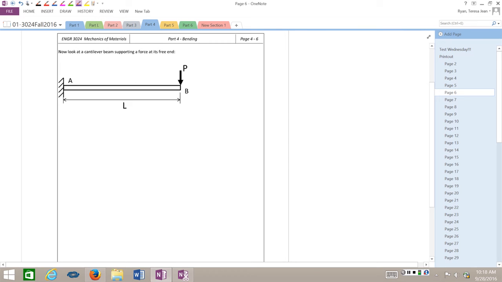We know that our reactions are going to end up being a linear reaction at A in Y, a linear reaction in X. There's nothing going on in X, so we can ignore him.